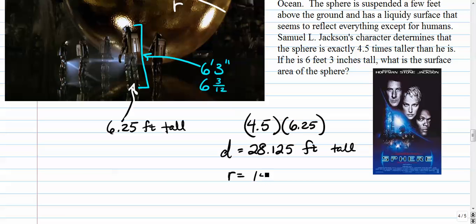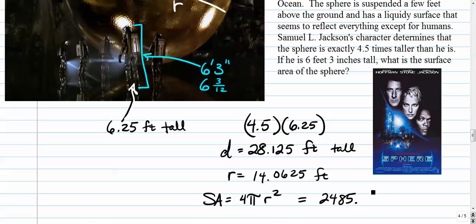So the radius is 14.0625 feet. And then the surface area is 4 pi r squared. So you type that in and you get 2485.049. And you're done.